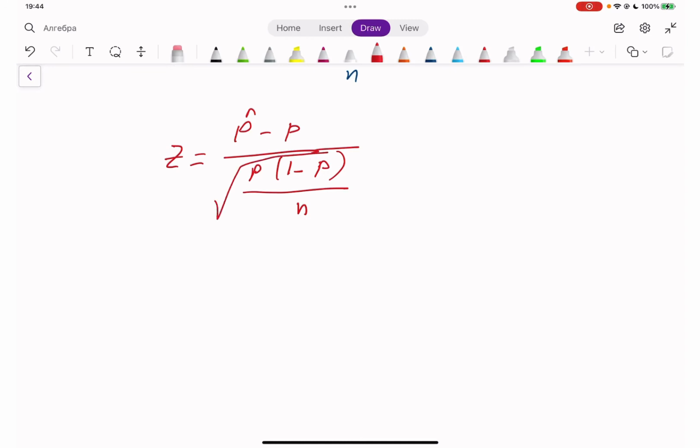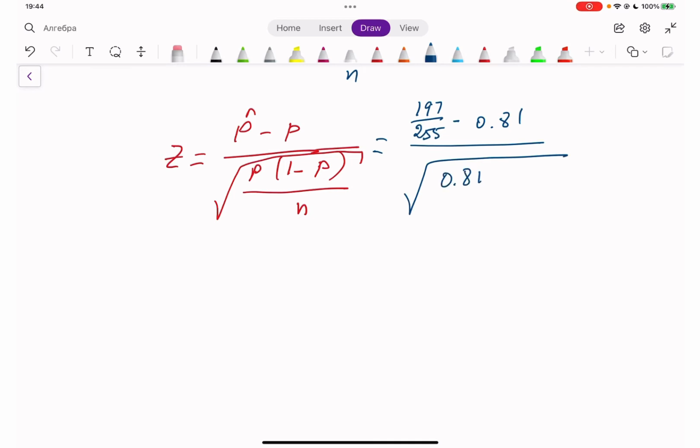And what did we get? Our p hat was 197 over 255 minus 0.81 divided by square root of 0.81 times 1 minus 0.81, and this is divided by 1020. All right, let's get going.